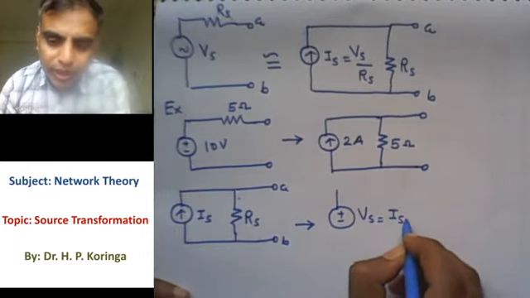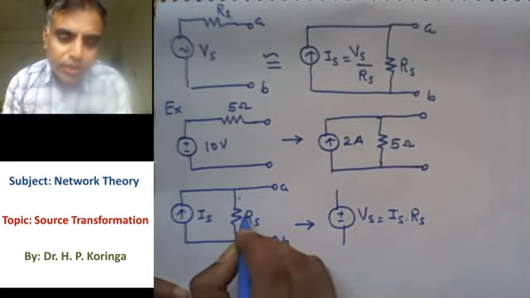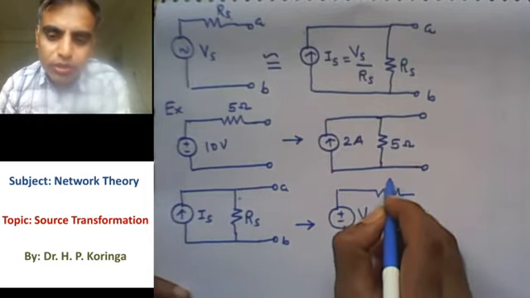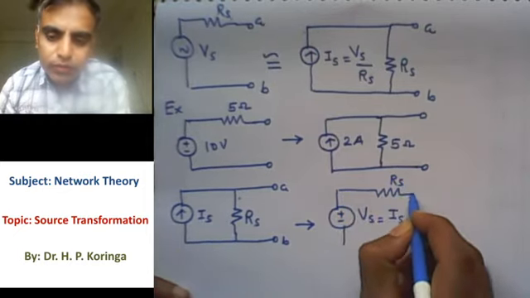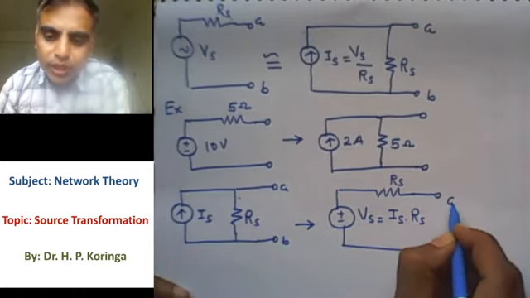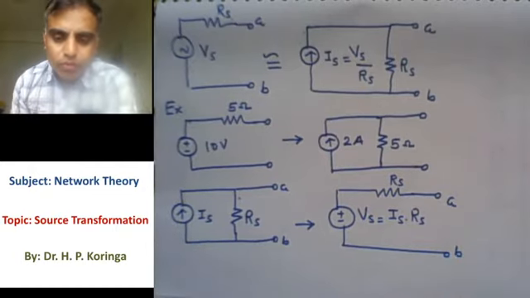So voltage is Is into Rs, and whatever the parallel resistance, the same value of resistance we have to connect in series with the voltage source, right? So we can convert any current source into a voltage source.